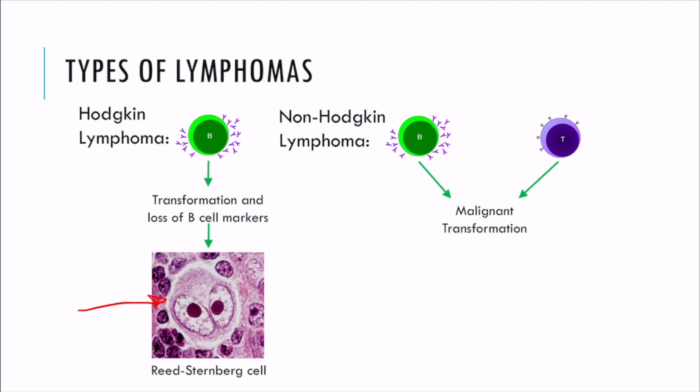Non-Hodgkin lymphoma is what I was referring to as a very broad category. Under the name non-Hodgkin lymphoma, we're really talking about more than 60 distinct types of cancer. So this is a huge umbrella term, but we call it non-Hodgkin lymphoma when there is a malignant transformation of B or T cells.